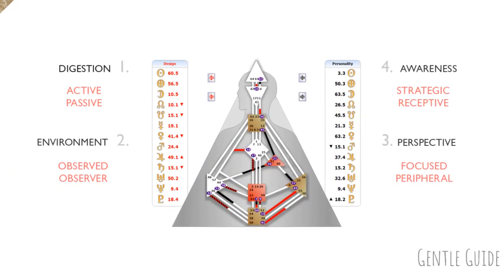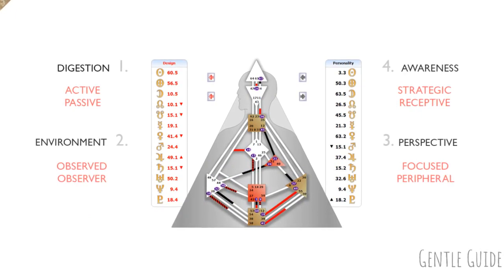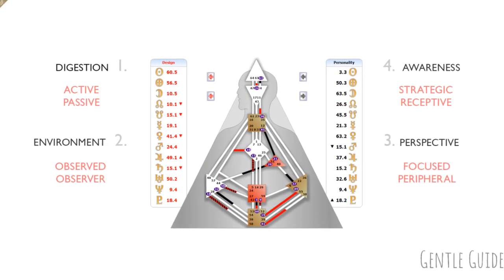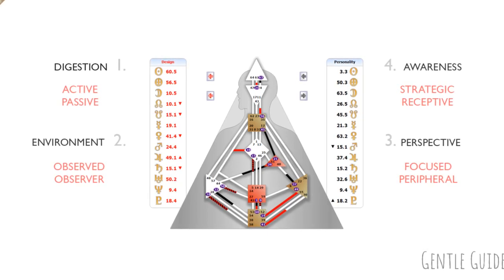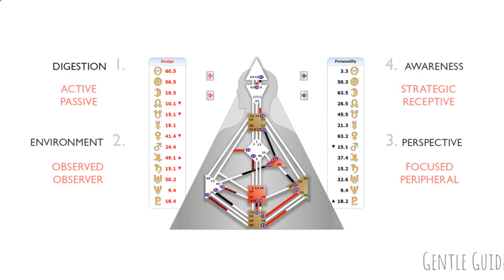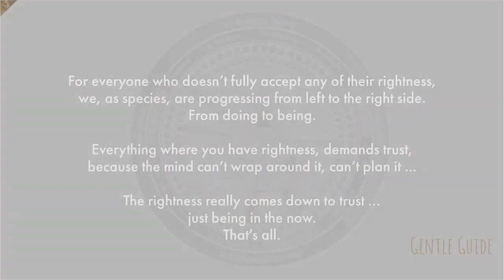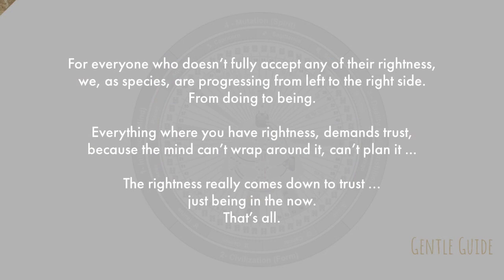Okay, to conclude, from a combination of these 4 arrows, we get 16 different designs, which go from the very left to the very right. And there is one last thing I wanted to say about leftness and rightness. For everyone who doesn't fully accept any of their rightness, know that we are progressing as a species from left to the right side, from always having a task or doing something in order to survive, to the state where we deeply trust in the alignment with the whole and know when to act.